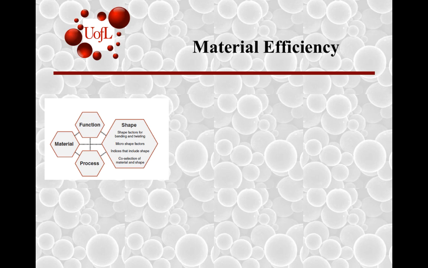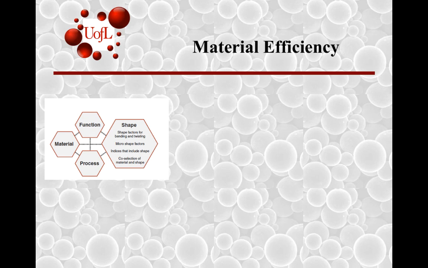Now, the idea of shape affecting function is not new. Curvature of lenses and mirrors, so that you're dealing with optical properties, fins in a heat exchanger, so thermal properties, a piece of marble as opposed to a sculpture embedded inside that needs to be chiseled away by the artist, so aesthetic attributes, energy storage, capacitance.